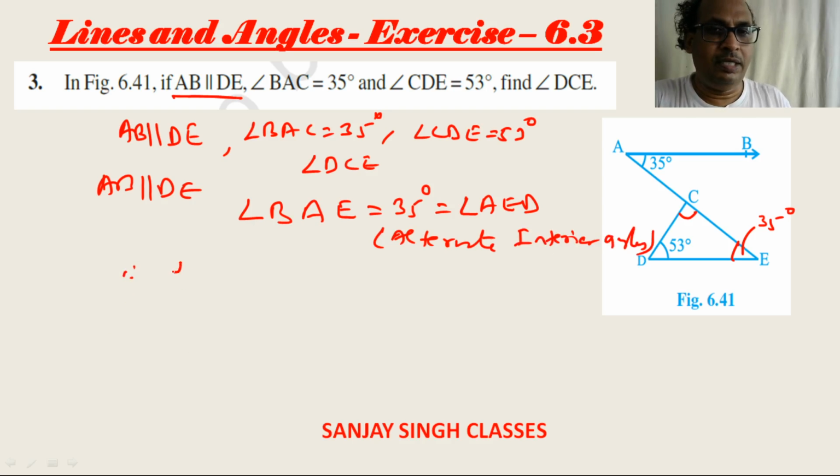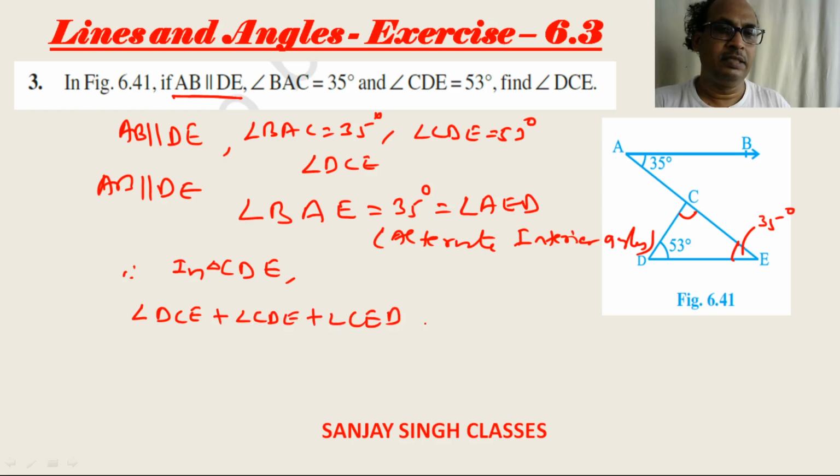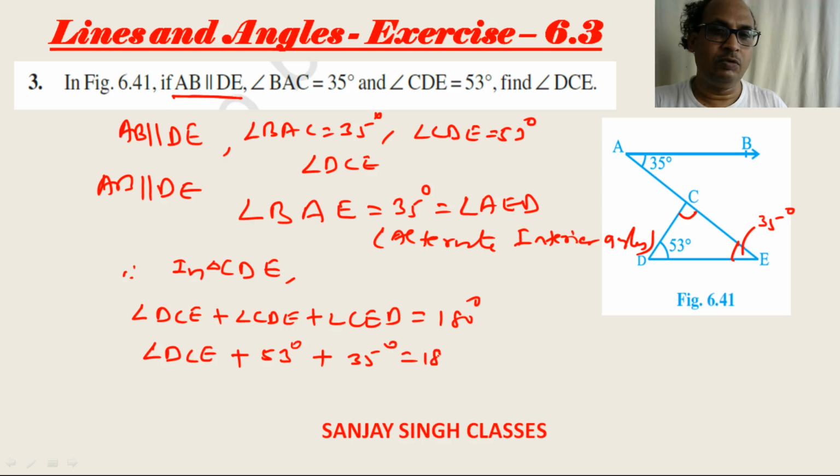Therefore, in triangle CDE, utilizing the angle sum property, we will write angle DCE plus angle CDE plus angle CED is equal to 180 degree. So angle DCE plus angle CDE, which is 53 degree, plus angle CED, which is 35 degree, is equal to 180 degree.